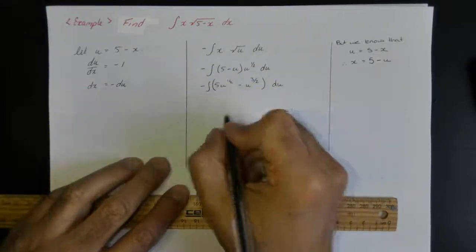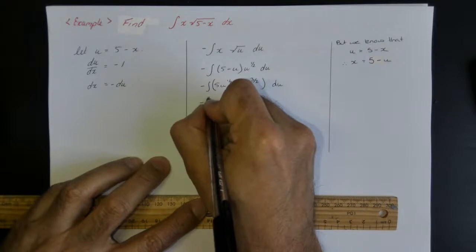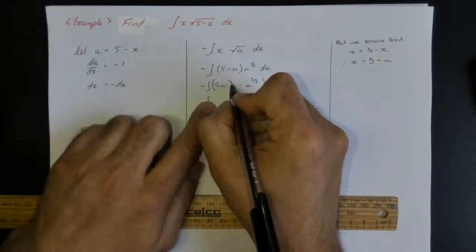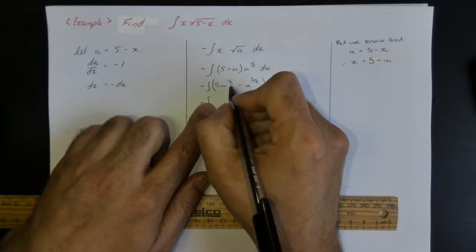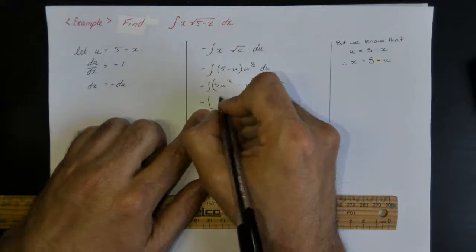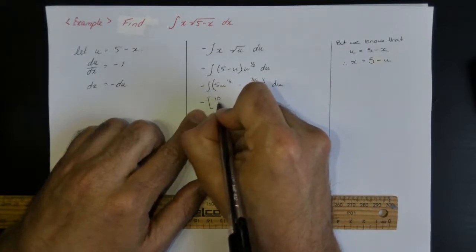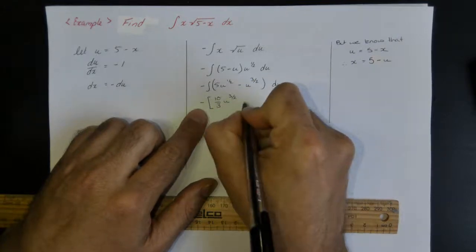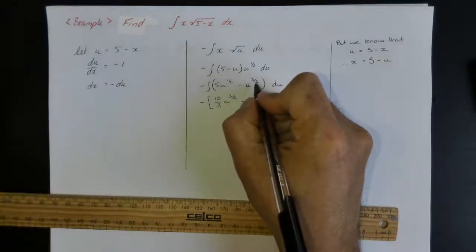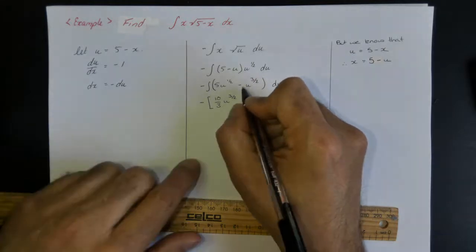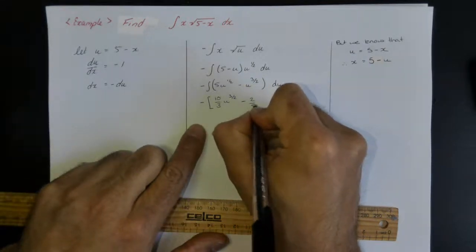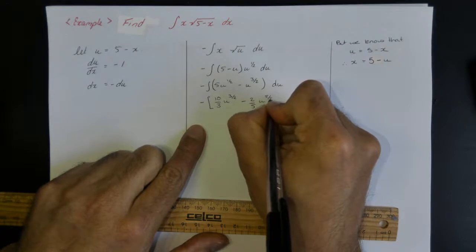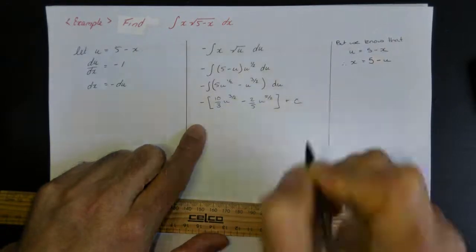And now I can integrate that. So adding 1 to that becomes 3 on 2. Dividing 5 by 3 on 2, I get 10 on 3 u to the power of 3 on 2. Raising that by 1, I get 5 on 2. And dividing by that, I get 2 on 5. And then I get that constant.